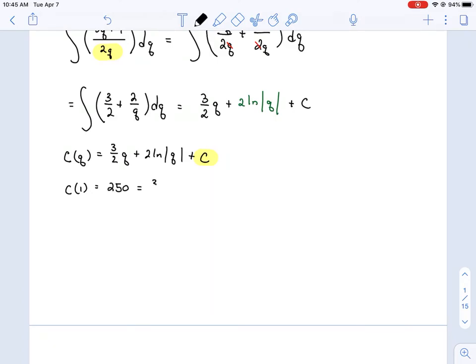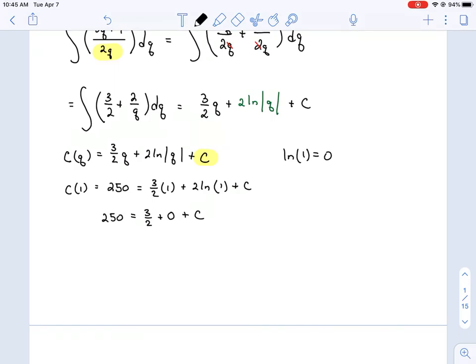Well, that's equal to 3/2 times 1 plus 2 times the natural log of 1 plus C. So 250 is equal to 3/2 plus, now the natural log of 1 is equal to 0, so I'm going to write that as 0 plus C.